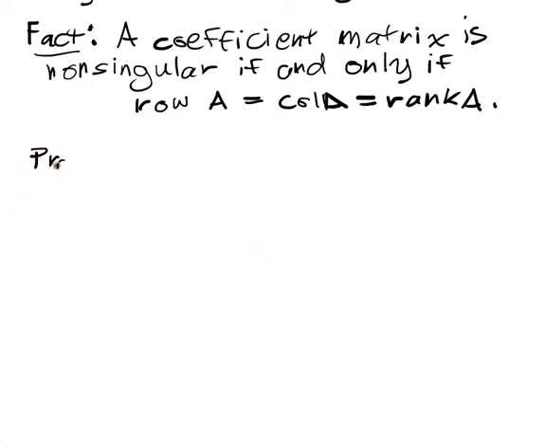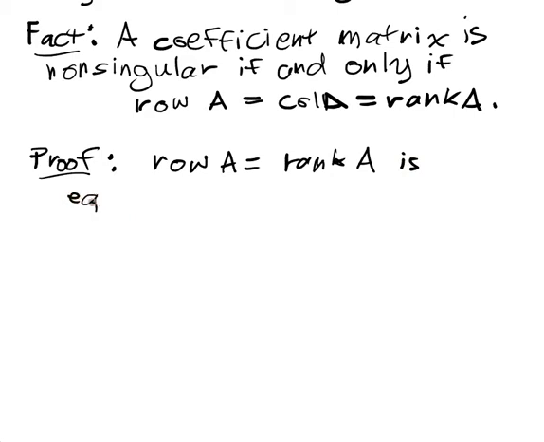So proof. Row of A equal to rank of A is equivalent... This "if and only if" is the same thing as an equivalence of statements. So this is true is equivalent to this is true, right?